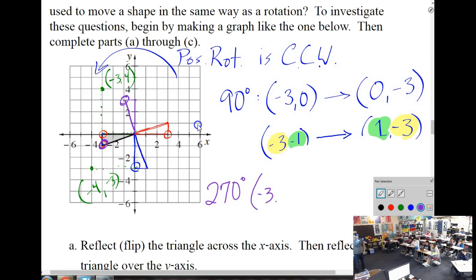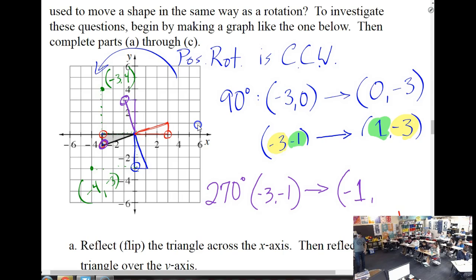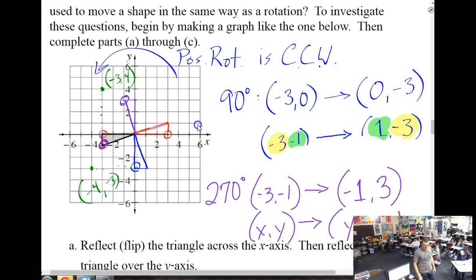So we said -3, -1 becomes, ooh, wait, -1, +3. So my x, y became y, negative x.